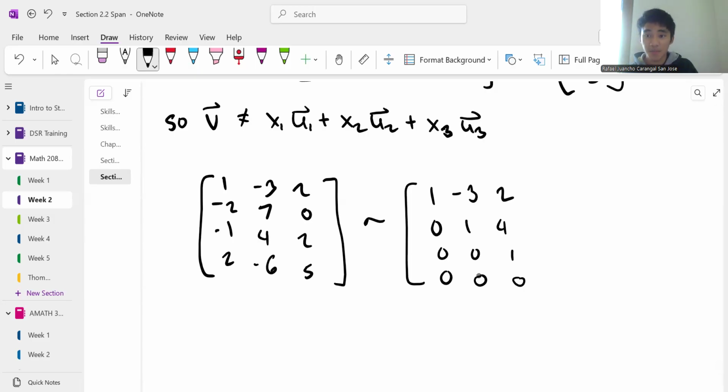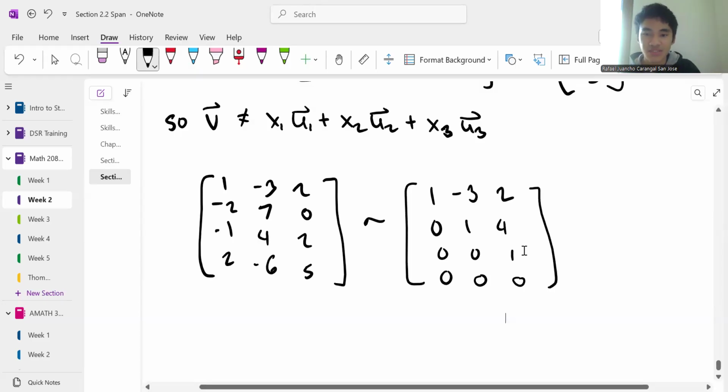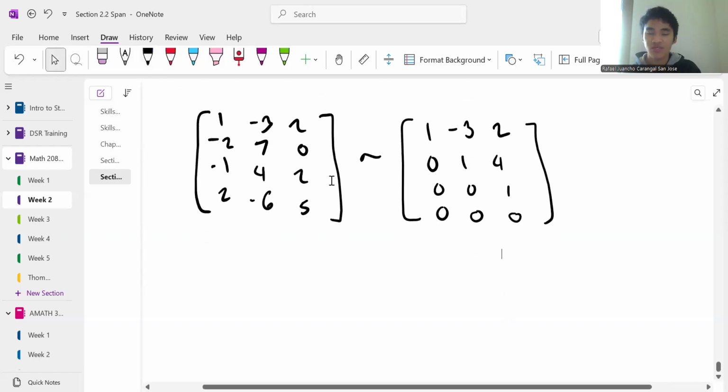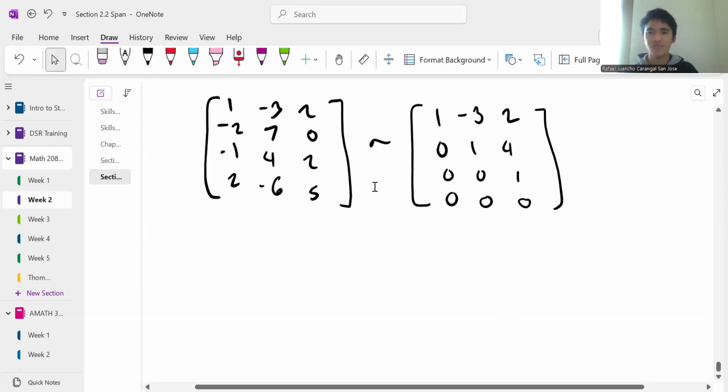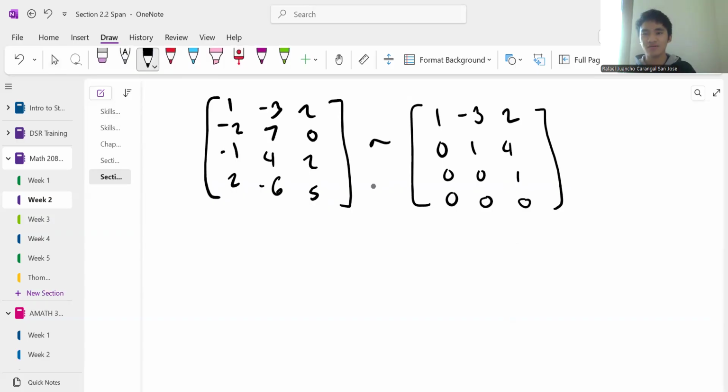It doesn't matter if they're 1. What matters is the leading variable is this downward staircase, and the zero row is at the very bottom. So we know this is an echelon form. It's not reduced, but it's an echelon form.